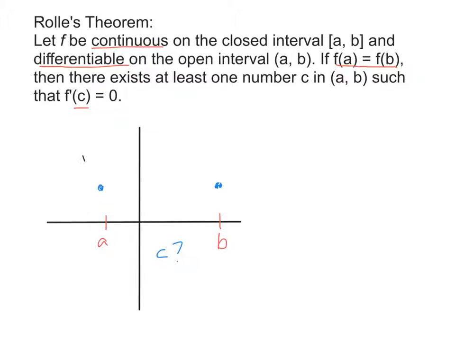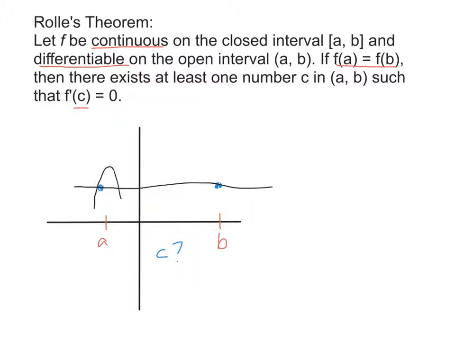Or it's going to come down like here and go back up. Well, it didn't go through b, but you get the idea. And there will be a horizontal tangent here. Or the only other option is that it's constant in here. And if it's constant, then it's obviously a horizontal tangent.